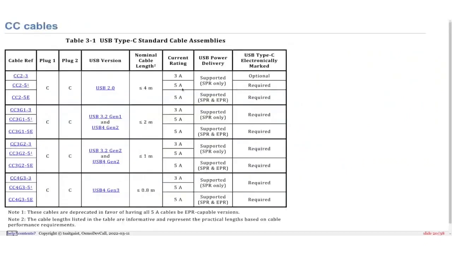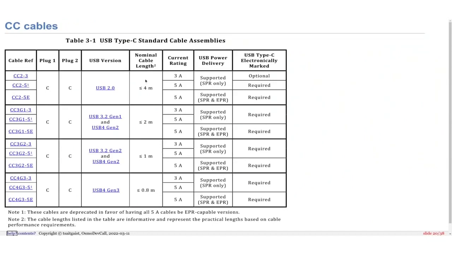And if you think this was everything about the cable, no, the cable is a bit more complicated. We have USB 2 cables, we have full-featured USB 3 generation 1, USB 3 generation 2, and then there's USB 4 generation 3. All of these cables, you have no idea what it really is just on the outside.